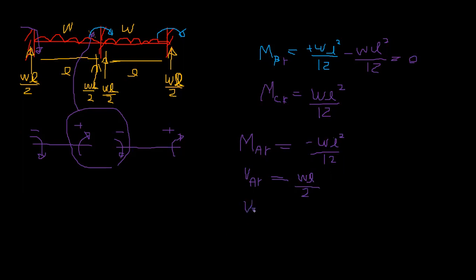And VBR is WL by 2 plus WL by 2. It is WL. This is VCR, and it is WL by 2.